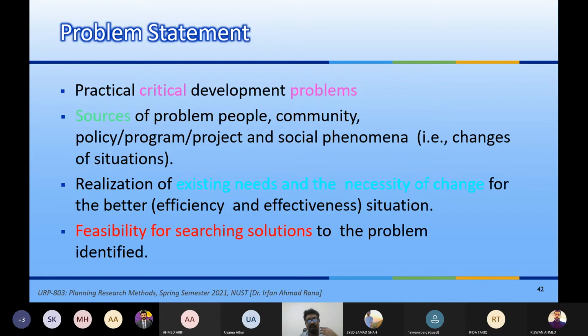Then you need to do some research on what the potential solutions are. Maybe in your questionnaire, you might check with the institutions or the community, have you tried this option to resolve this problem or not? For that, you need to know about the potential solutions done in other countries as well, and whether they might be applicable in the case of Pakistan or not.